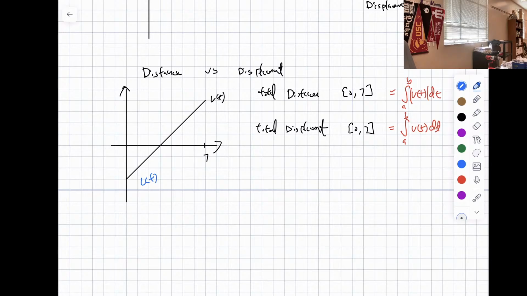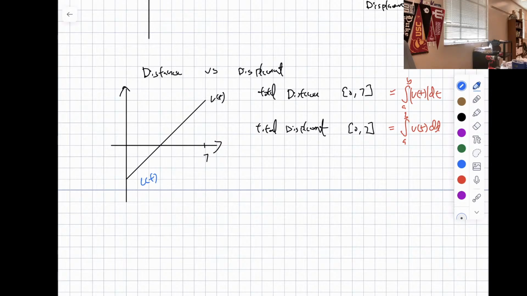But at the 5th second, if I've traveled 2 steps backward, what's my displacement? 1, compared to the original position. So displacement is just the integration of v of t, because you have some negative, some positive, and they offset each other.